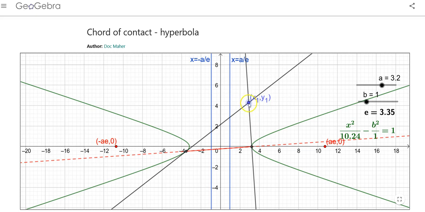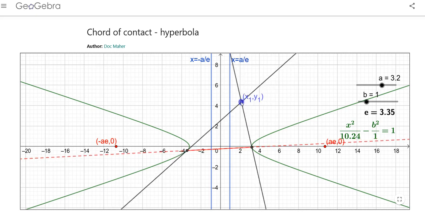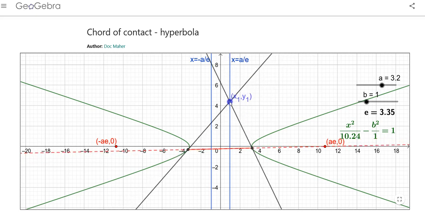However, just as we found before, if this point of intersection of the two tangents is moved to a directrix, then that chord of contact becomes a focal chord.